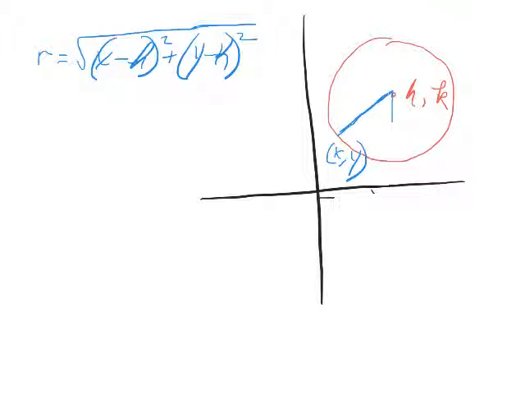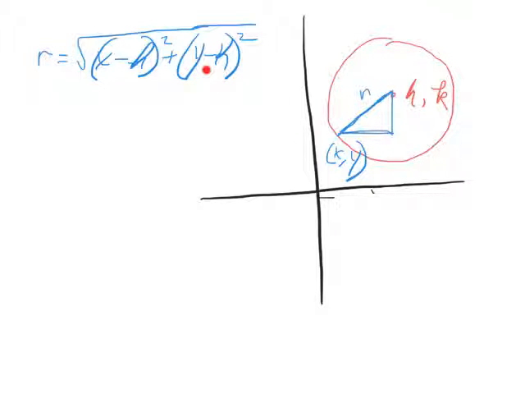And if we make this into a triangle, notice that the r becomes the hypotenuse. And we know that the distance from here to here is going to be the y value minus the k value, the difference between the k and the y right here.